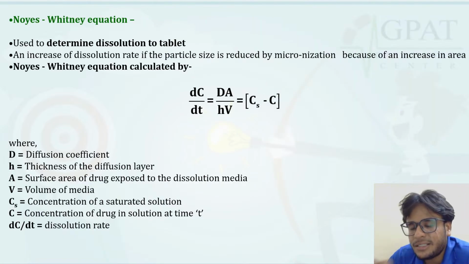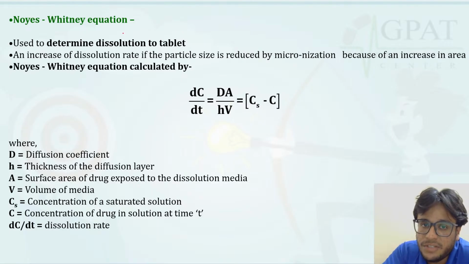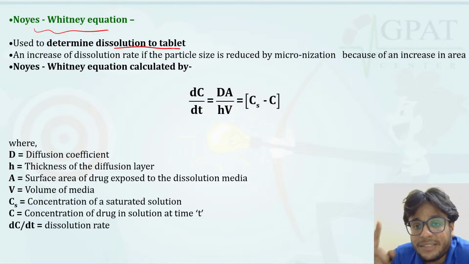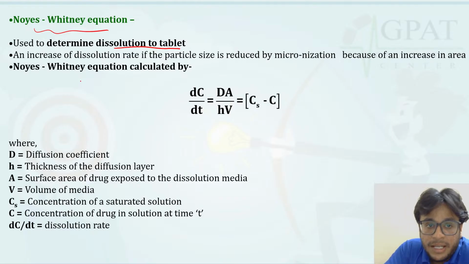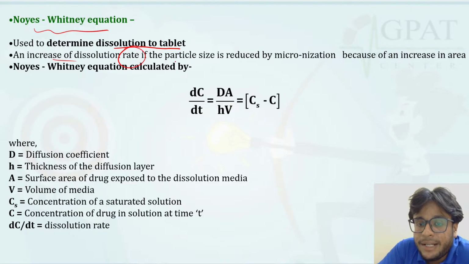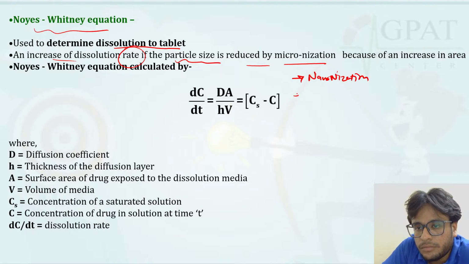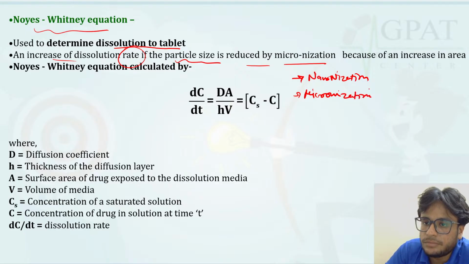Then, as we are discussing dissolution, we have to discuss the Noyes-Whitney equation. The Noyes-Whitney equation is given in order to determine the rate of dissolution, or the factors that affect dissolution. We see an increase in the dissolution rate whenever there is particle size reduction or micronization. There are two processes, either nanonization or micronization.